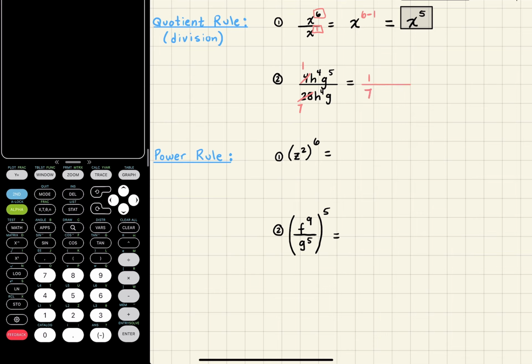Now we can move on to our variable terms. Here we have h to the 4th over h to the 4th. Those are like bases, so we can subtract those exponents. H to the 4 minus 4. And then, let's see here, we've got g to the 5th over g. Those are like bases, so we'll have g to the 5 minus 1.